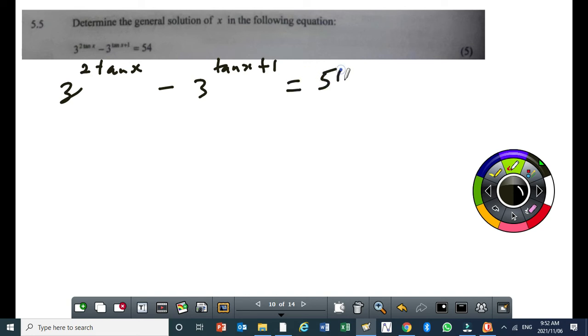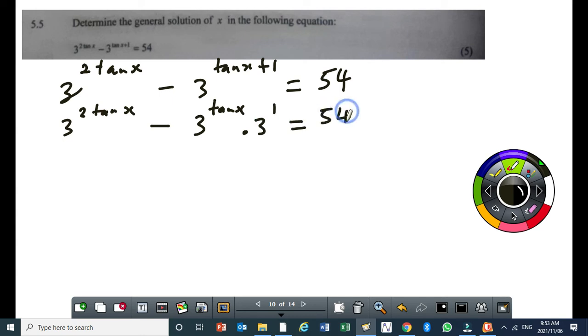This question was not as scary as you thought it might be. It's an exponential equation under trigonometric equations. You're supposed to break it up. This one you leave as it is, 3 to the power of 2 tan x. Then you break this up, you get 3 to the power of tan x times 3 to the power of 1, equal to 54.